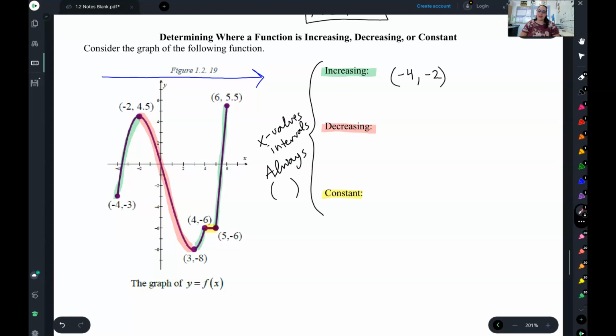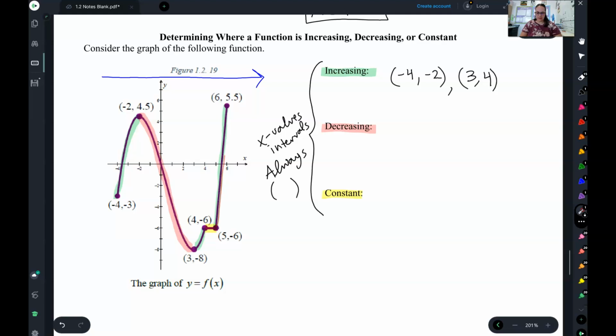Now I'm going to look at my next increasing section. So that's right here. Goes from this point to this point. Remember to use x values. So from x is 3 to x is 4. So from 3 to 4, and always do parentheses because that's what we do for increasing, decreasing.